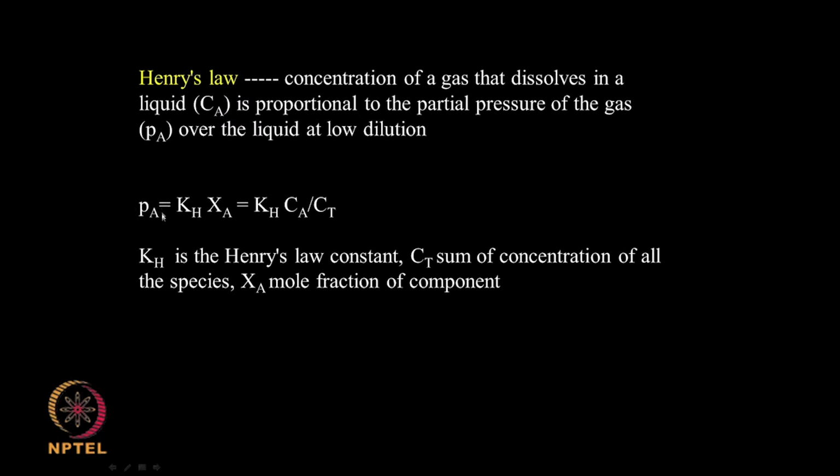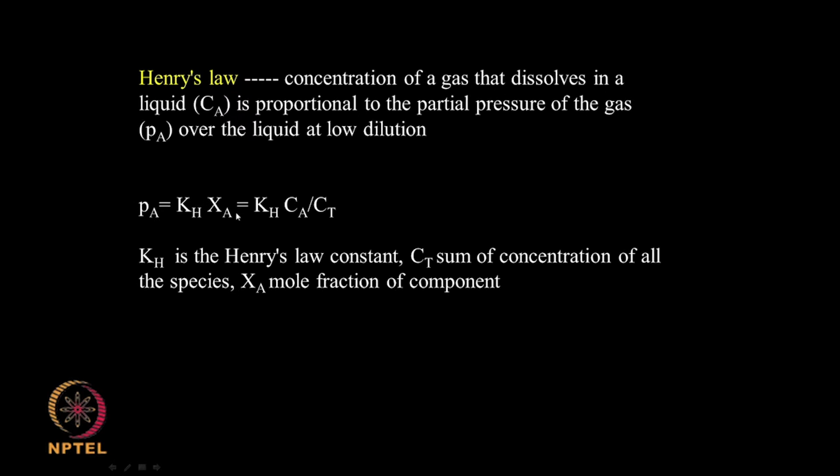Pa is the partial pressure, K is the Henry's law constant, and Xa is the mole fraction of that component, given by Ca by Ct. Ca is the concentration of the gas in the liquid and Ct is the sum of concentrations of all the species. You may have many species, which is why Ca by Ct is called the mole fraction. This is valid only in dilute conditions, and K is called the Henry's law constant.